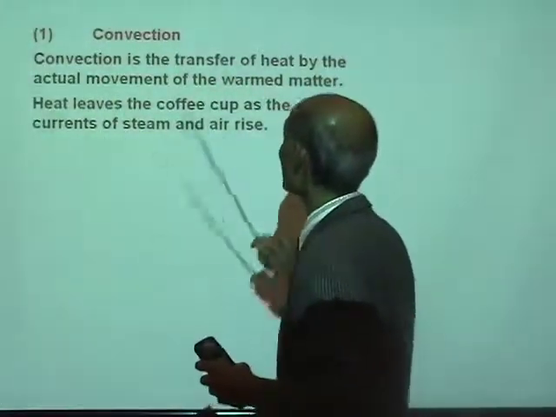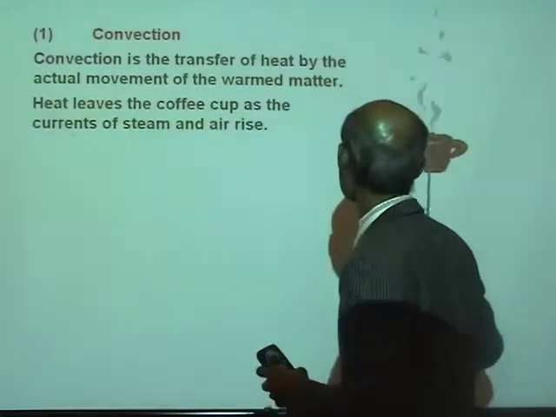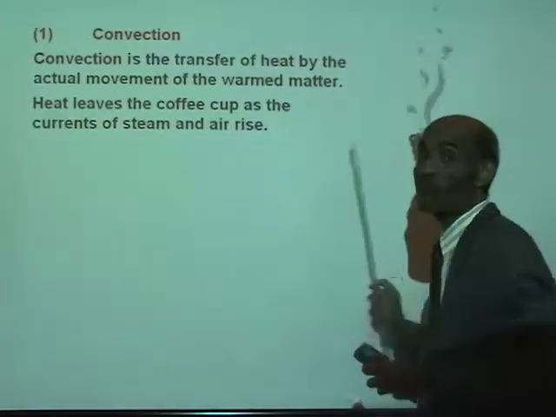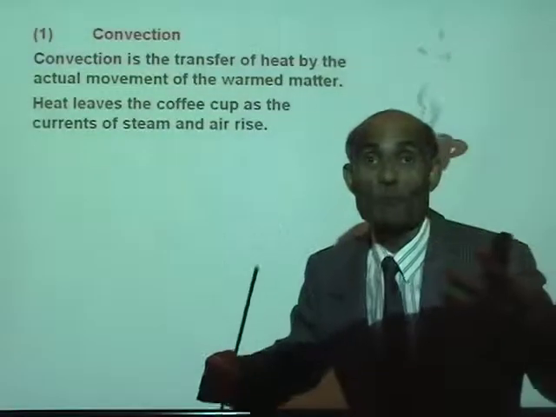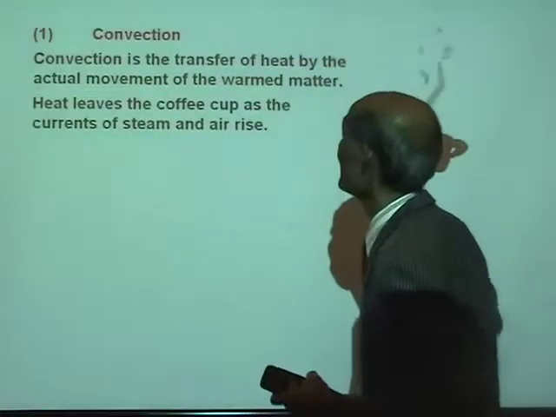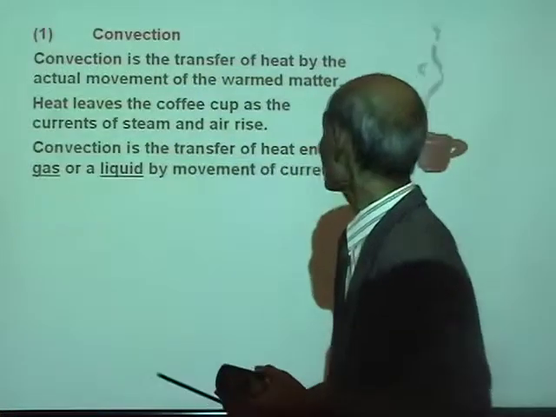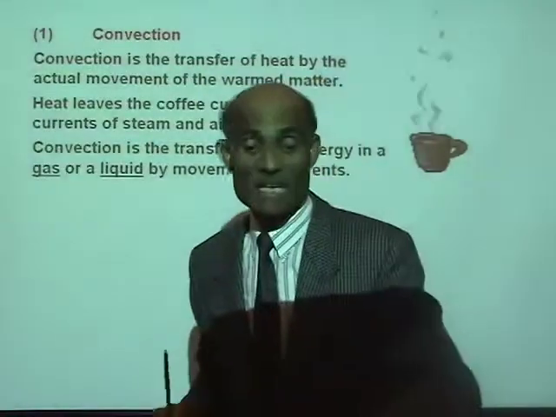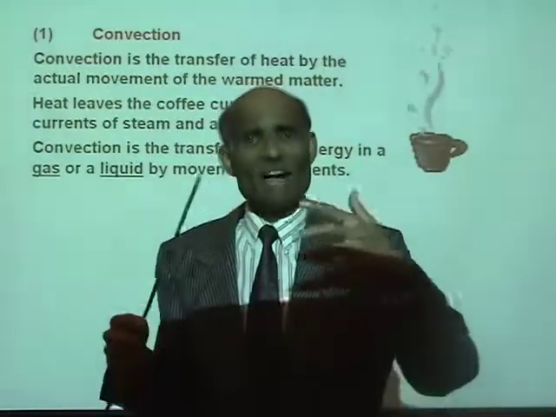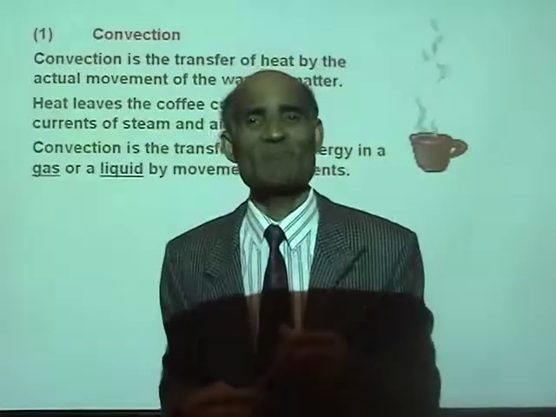Heat leaves the coffee cup as the current. Now here, the air immediately above the coffee cup becomes warm, and that warm air will rise. You can see there is convection there. Convection is the transfer of heat energy in a gas or a liquid. Now, why can't convection take place in a solid? Can you tell me?